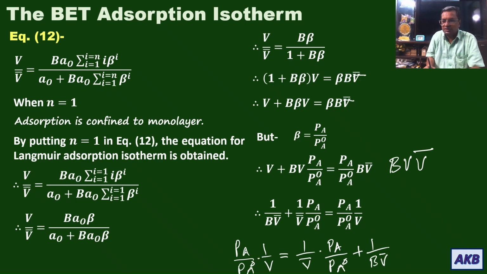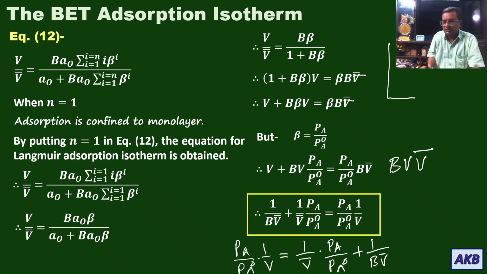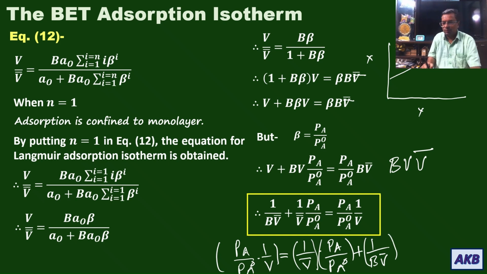So this equation is the equation for the Langmuir adsorption isotherm, and you can plot it. If you plot this term on the y-axis and this term on the x-axis, you are going to get a straight line with a slope of 1 upon V bar and an intercept of 1 upon B into V bar.